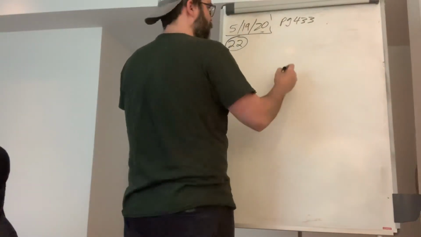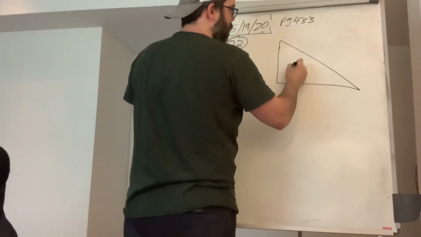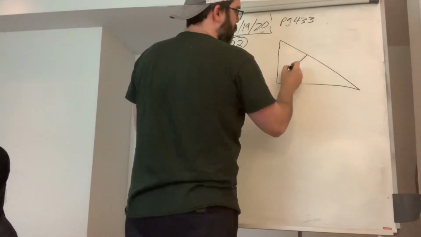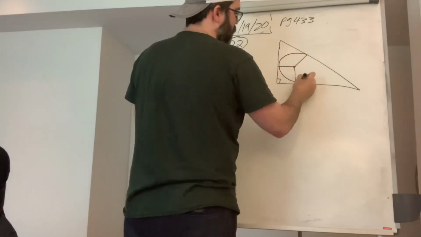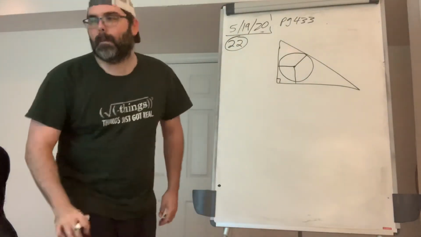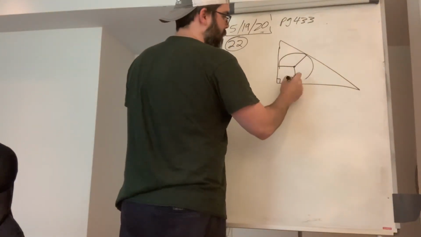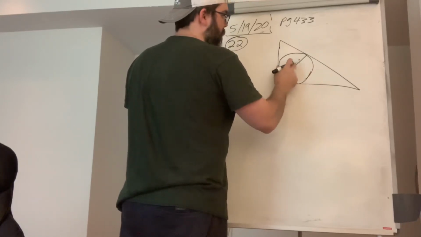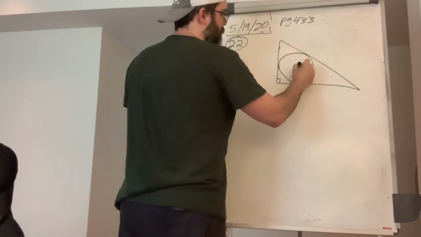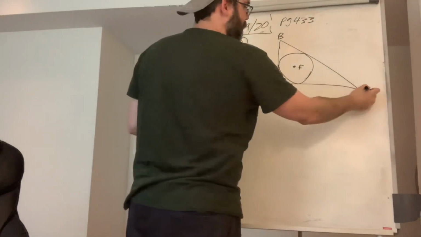Here we have a right triangle, and the right triangle is ABC.